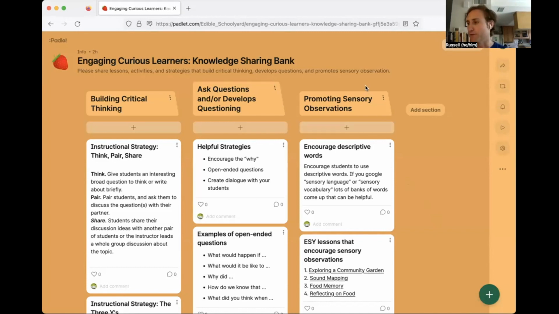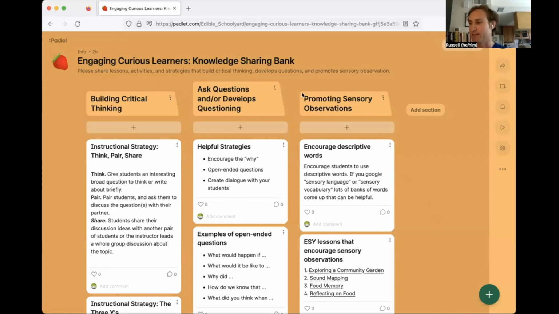We've set up this Padlet, which is Engaging Curious Learners, the knowledge sharing bank. Our prompt is to please share lessons, activities, and strategies that build critical thinking, develop questions, and promote sensory observation.